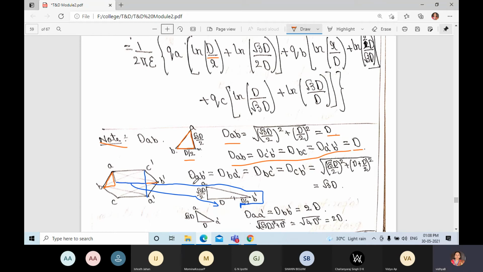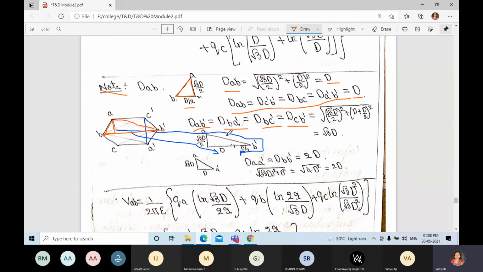Next, DAB dash, DBA dash, DBC dash, DCB dash is equal to, we consider here A to B dash. We will consider this one. This is the diagram, the figure for that.